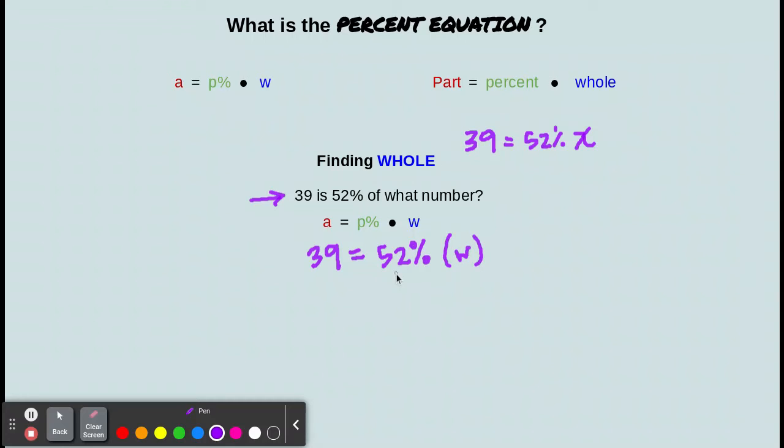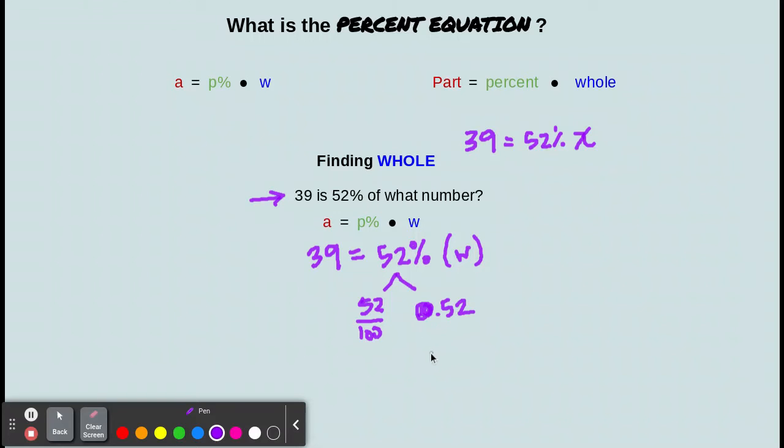Again, the first thing we want to do is transform this percent into either a fraction or a decimal. Fraction form would be 52 over 100, 52 per 100, or 0.52 in decimal form.